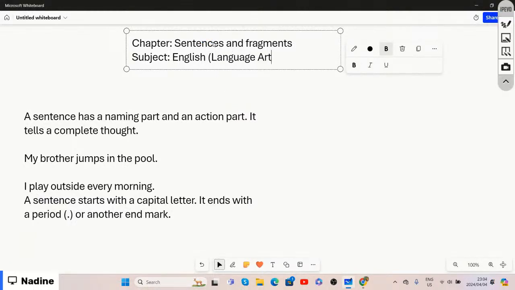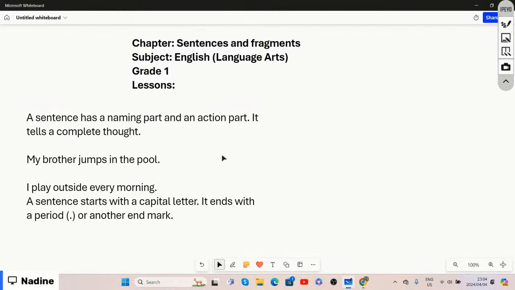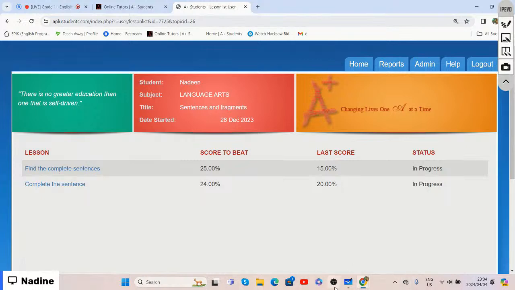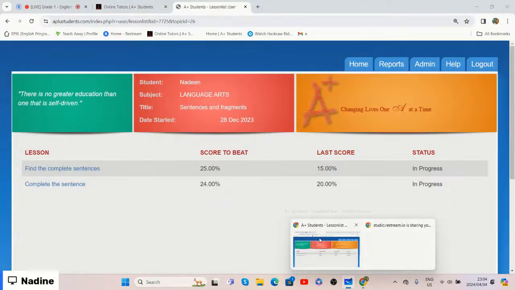Before we start, we're going to log on to aplusstudents.ca with our username as well as our password, and then select the subject of language arts, grade 1, and scroll down until we get to the chapter of sentences and fragments.